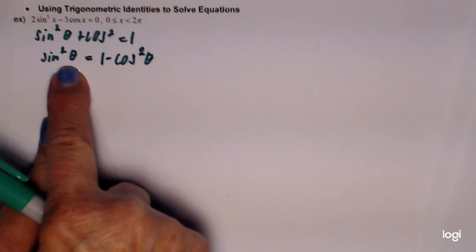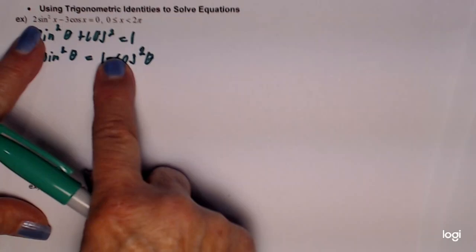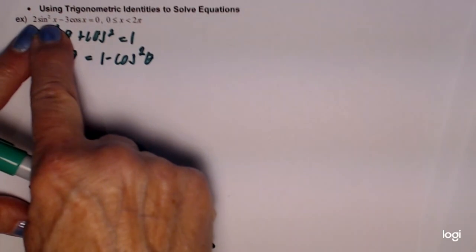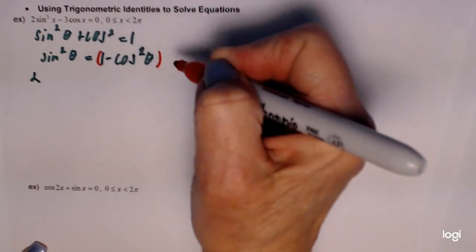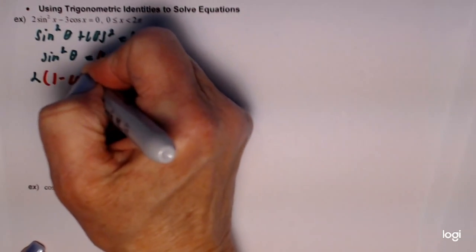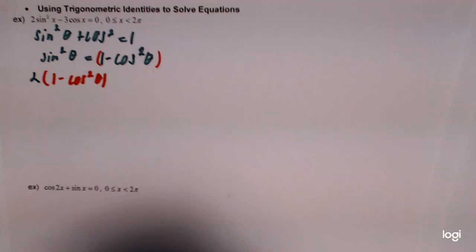Now we can go and substitute into our original equation here. So we had 2, and now instead of sine squared, we're going to put this information here. Let me put this in parentheses, and then in the parentheses, this 1 minus cosine squared in lieu of our sine squared.